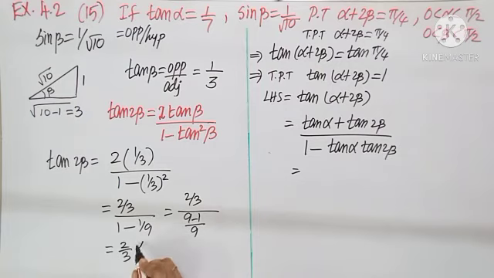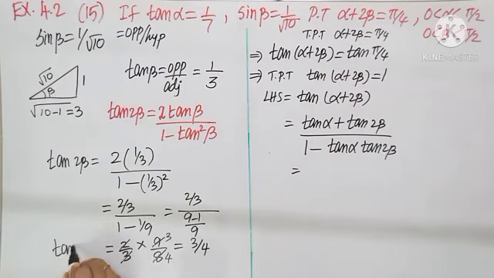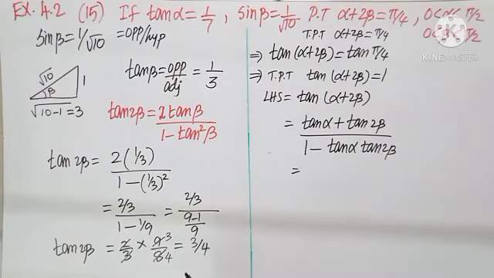Reciprocate. 2 by 3 into this is 8 by 9, reciprocating 9 by 8. As I cancel, it is 3 by 4. So, we have derived tan 2 beta is 3 by 4, and this answer I can use here.